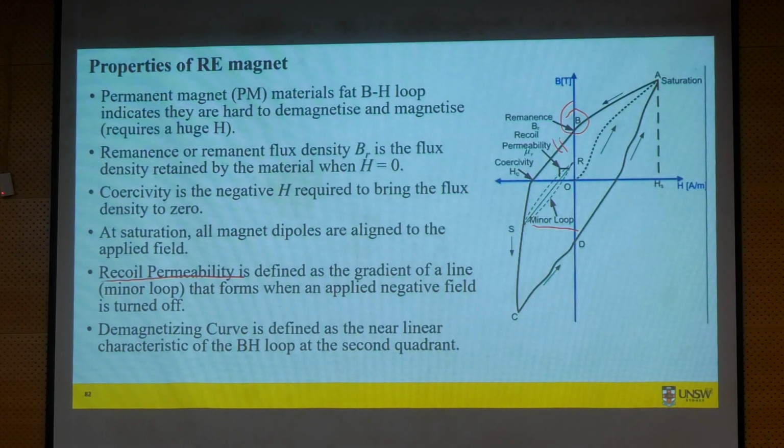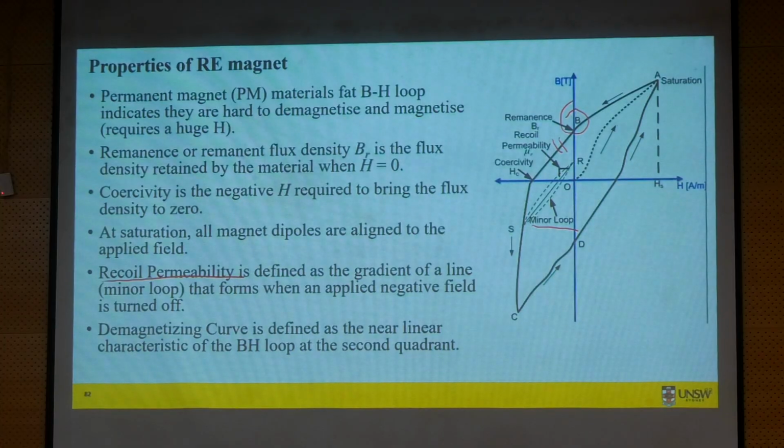That means you are applying negative H, and you are varying the ID current compared to your operating conditions. So for change of that negative ID, sometimes this type of minor loop can form in the magnet pieces, okay? And the gradient of this minor loop is the recoil permeability.